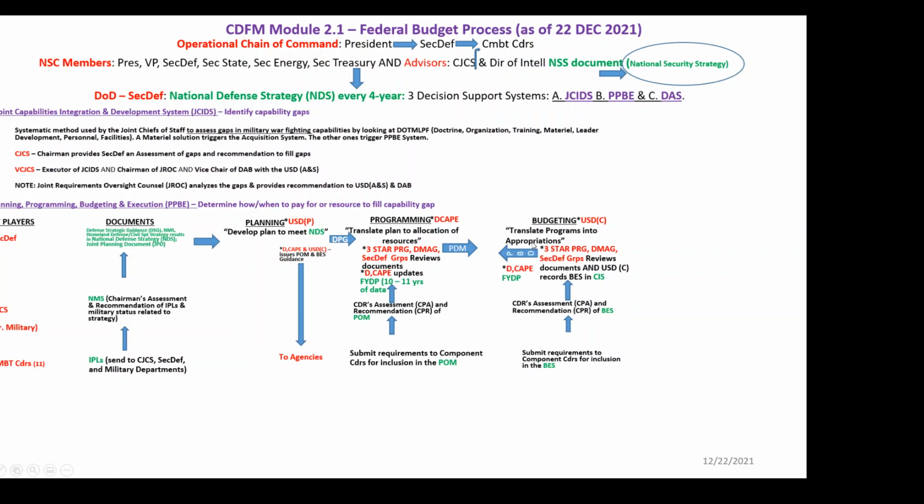The final document in the budgeting phase is the Program Budget Decision. Program Decision Memorandum, Program Budget Decision. So that is the final document that is submitted in the budgeting phase as you update the CIS and the Future Year Defense Program.